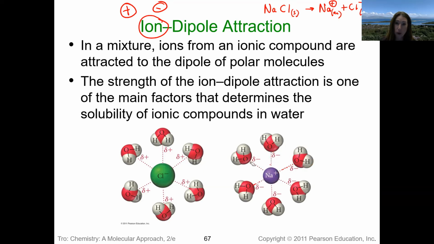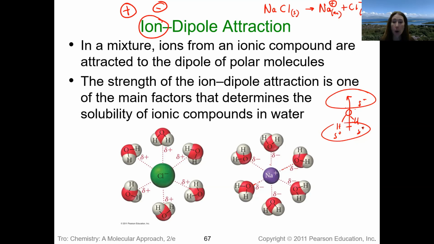All polar molecules have dipoles. Remember, dipoles, let me do this again. Oxygen's a little bit negative, hydrogen's a little bit positive. So if we were going to draw a dipole, we would draw it like this, right? Meaning this side of the molecule is negative, this side of the molecule is positive.